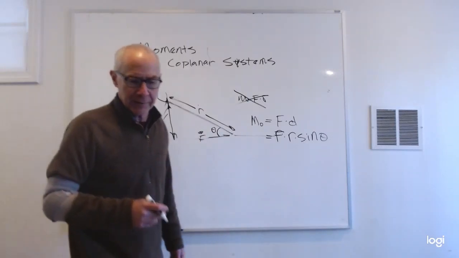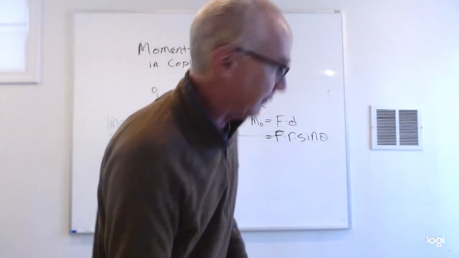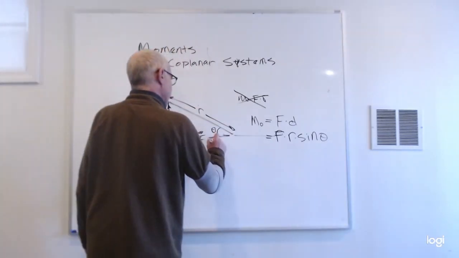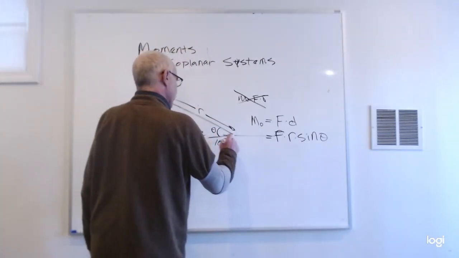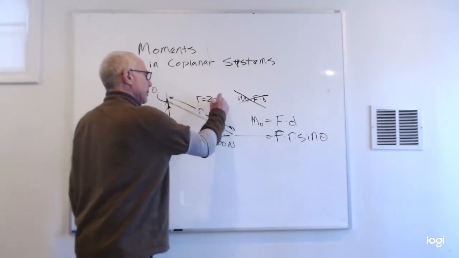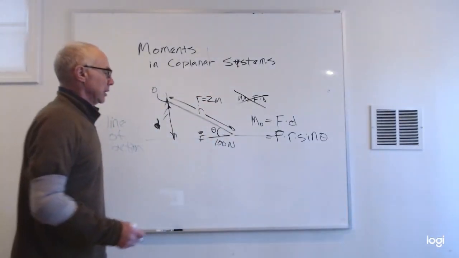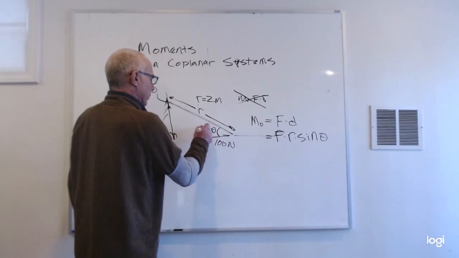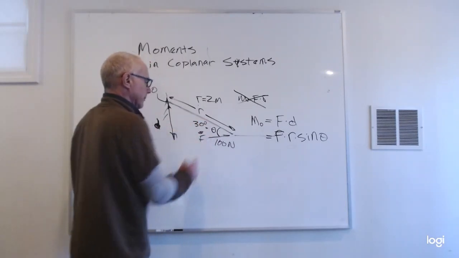And I do have values here. I'm going to call this a 100 Newton force, and I'm going to say that R equals 2 meters, and that theta equals 30 degrees.